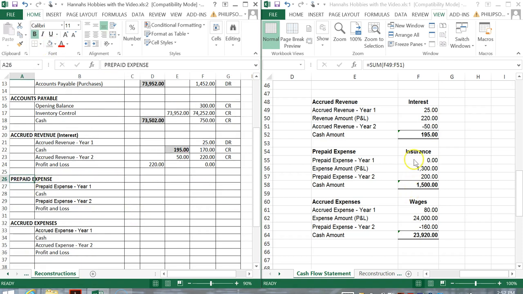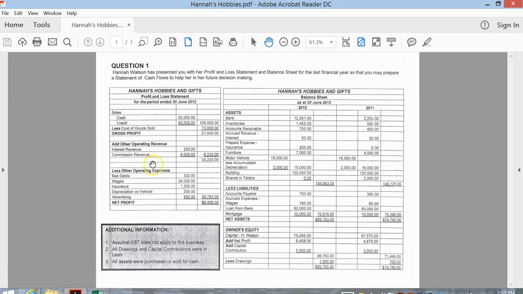Okay, prepaid expense is insurance. Alright, so we start with our opening balance. Prepaid expense, insurance was 0. And our end point, again, is 0. Let's work out what went on in between. So for insurance, our profit and loss amount, we go back to our profit and loss, or our income statement.